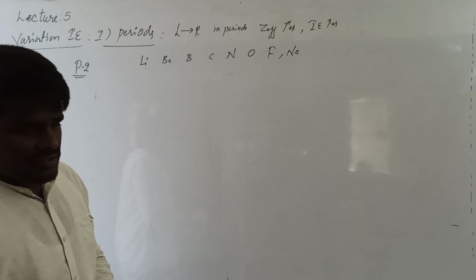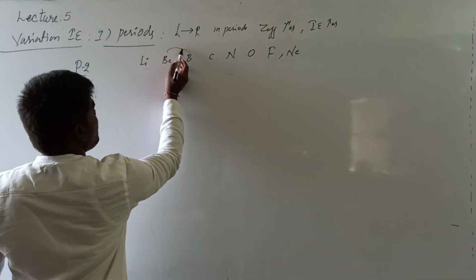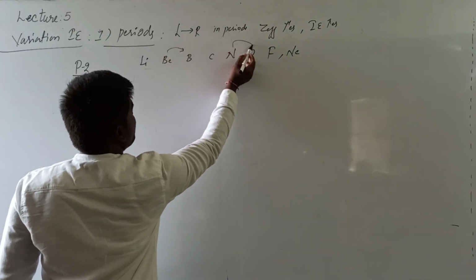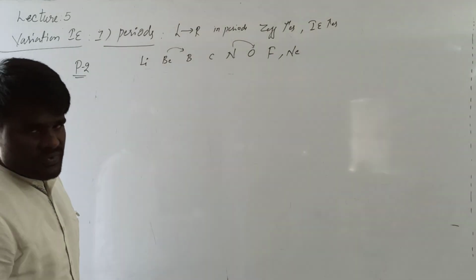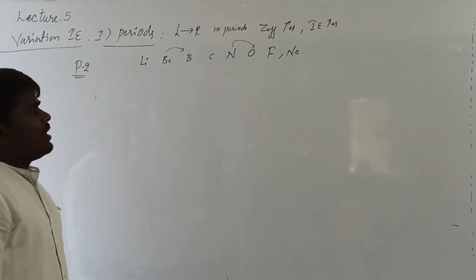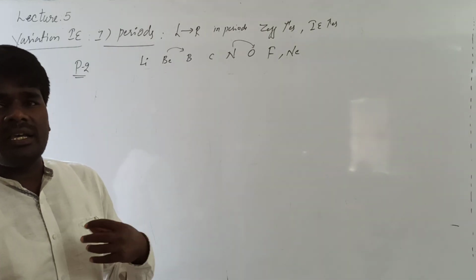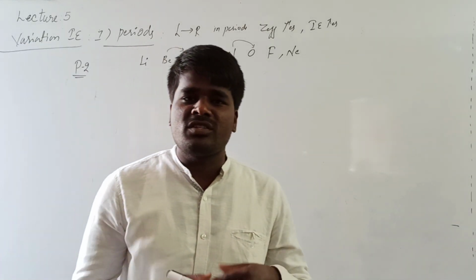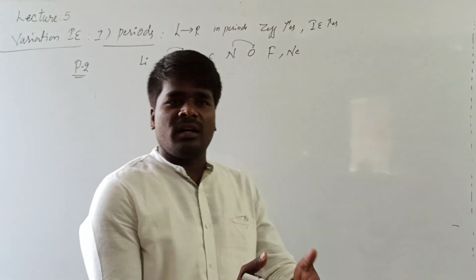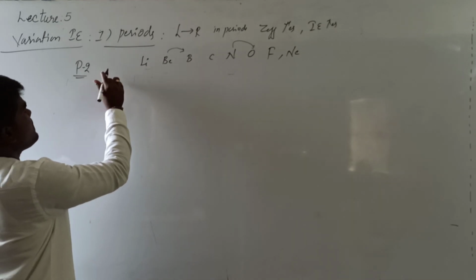But there are some exceptions. In the case of beryllium and boron, and in the case of nitrogen and oxygen, there are exceptions. And remember one thing, in every period, noble elements have the highest ionization energy because of their stable, completely filled octet configuration.